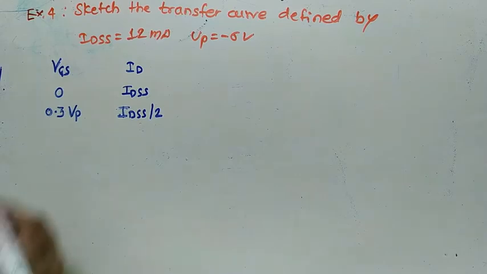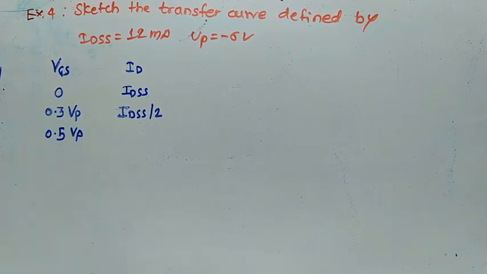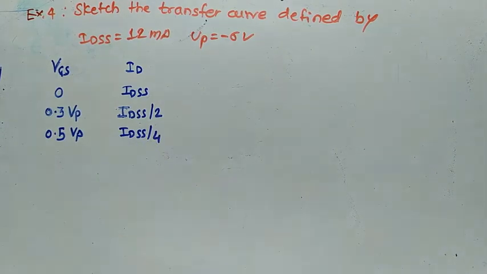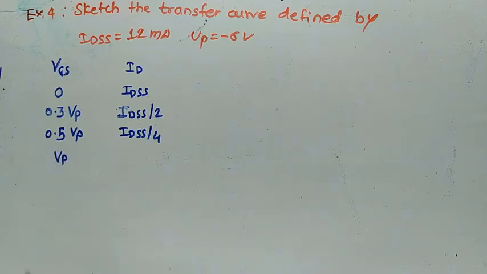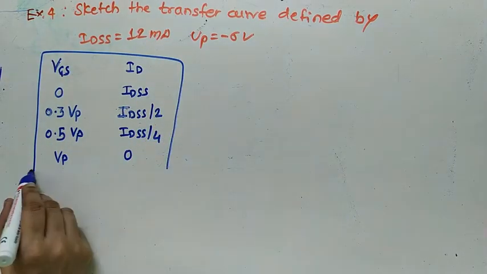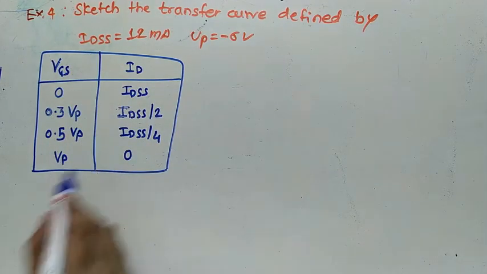When VGS is 0.5 into Vp, ID is IDSS upon 4, and when VGS is equal to Vp, our ID current will be 0. By remembering this table, we can draw the transfer curve.